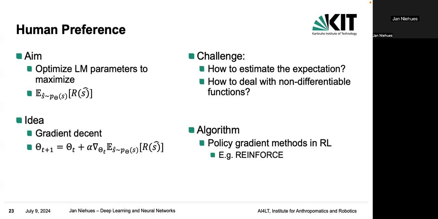So we have to somehow deal with these non-differentiable functions. And there are policy gradient methods for reinforcement learning, for example, REINFORCE. We'll do a very brief overview in two slides about that, so don't worry. But you should get a basic idea of how you can still train the language model to do this type of update using some type of reinforcement learning.